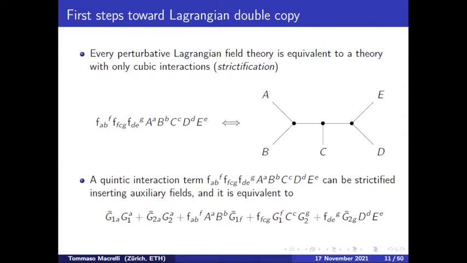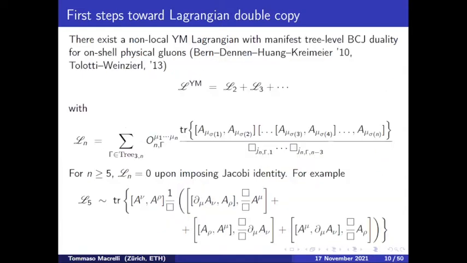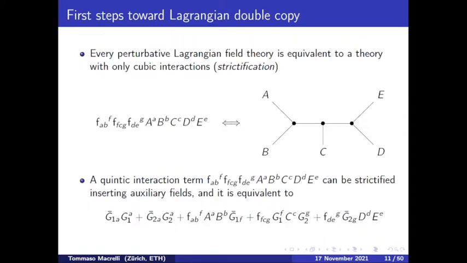And this is a consequence of a more general result at the level of homotopy algebra. And so the steps are the following. We start with this action that manifests color-kinematic duality for tree-level physical gluons. Then we can strictify this action.